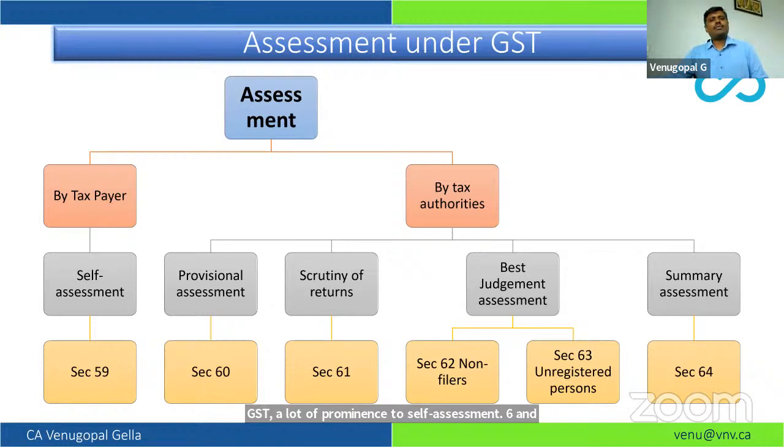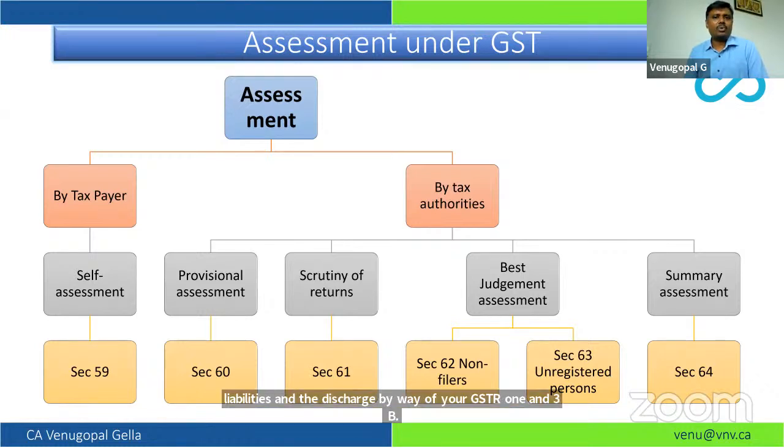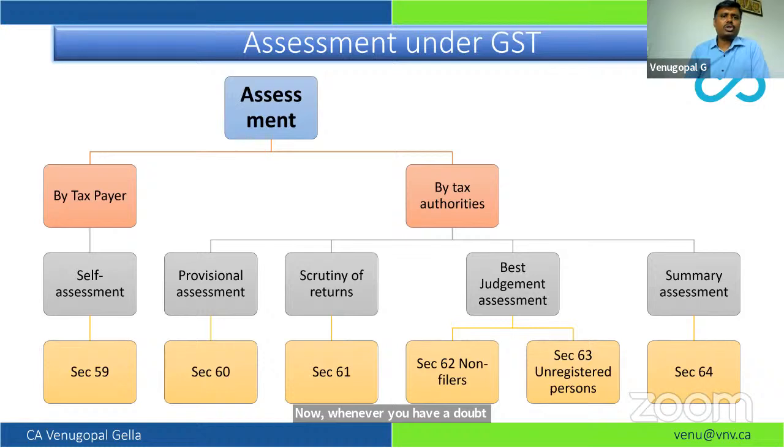Section 59 of the Act says that as a taxpayer, you assess your liabilities and discharge them by way of your GSTR 1 and 3B. Whenever you have a doubt on the nature of the supply, time of supply or value of supply, you can approach the department and seek a provisional assessment under section 60.